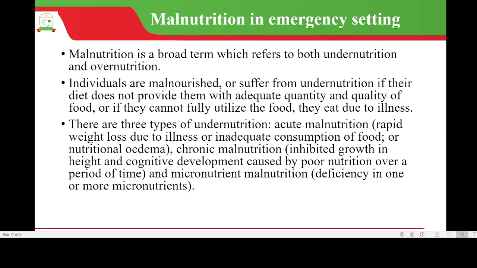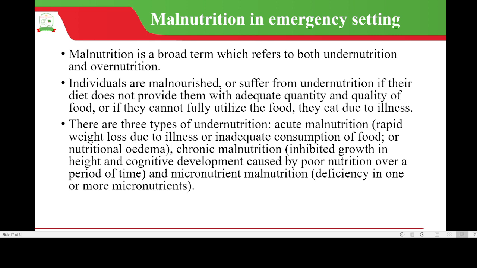Malnutrition in emergency settings. Malnutrition is a broad term that refers to both undernutrition and overnutrition. Individuals that are undernourished suffer from undernutrition if their diet does not provide them with adequate quantity and quality of food, or if they cannot fully utilize the food that they eat due to illness. So we have three types of undernutrition.